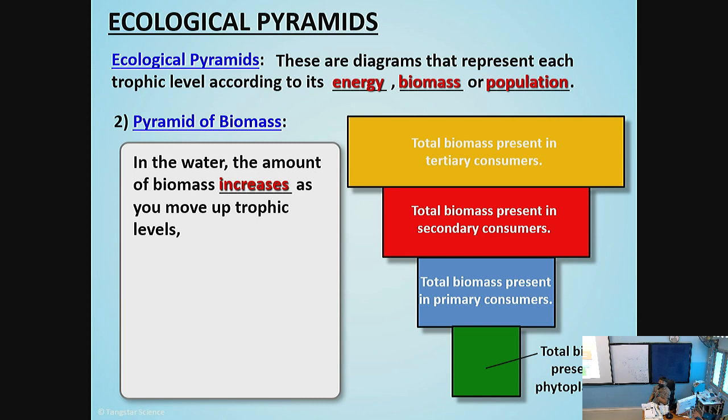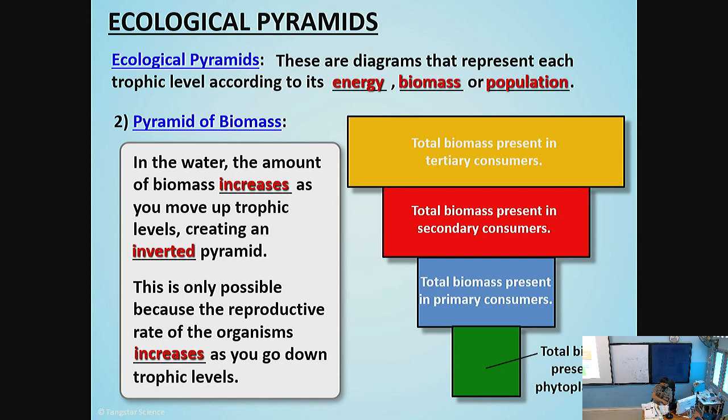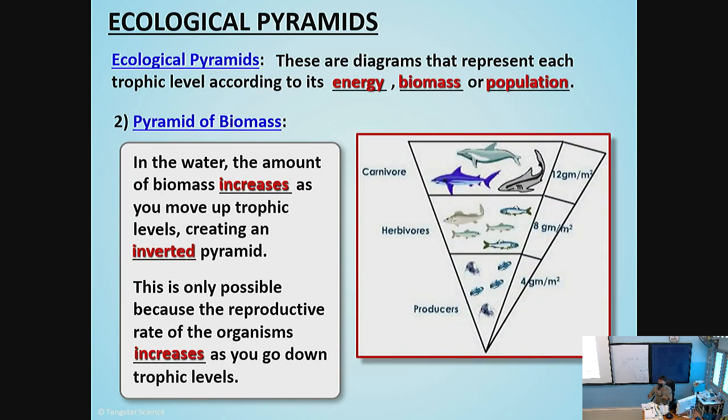So the energy or the biomass increases from bottom to top. One example here is this one, and that is in the aquatic ecosystem.